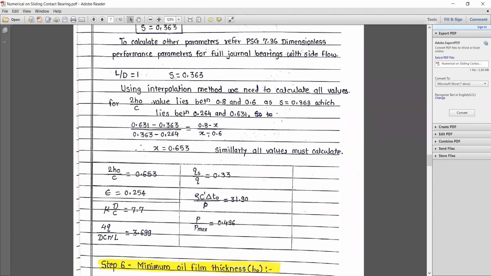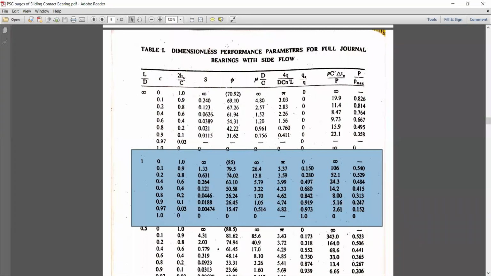As the value of S lies between 0.264 and 0.631, I have prepared one interpolation calculation to calculate the dimensional parameter 2H0 by C. The value for 0.264 is 0.6, and for 0.264, the value of the H0 parameter, just a minute, we will check here.